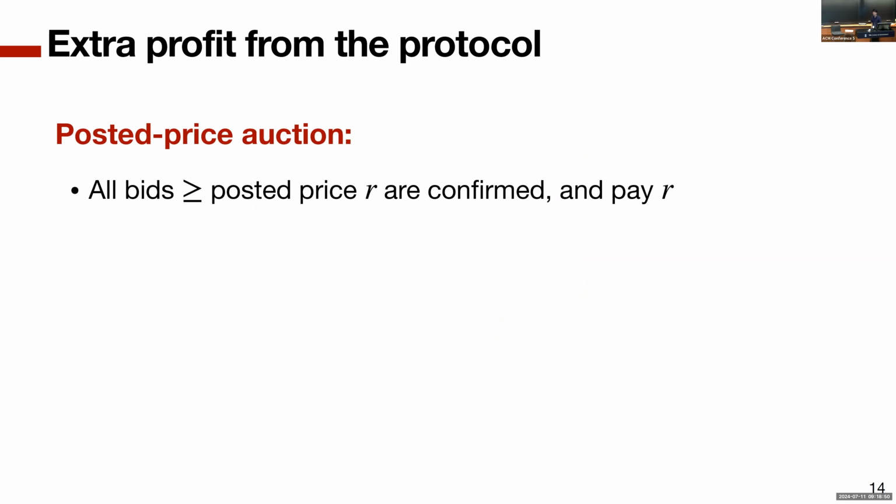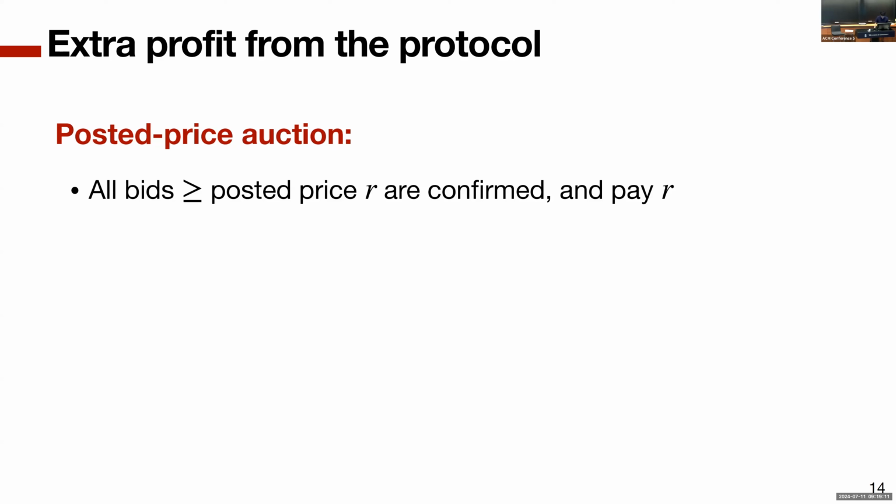And the second type is that you actually steal from the protocol. What do I mean? Let me give you an example. If we run a posted price auction, there is a predetermined posted price R. Everything higher than R is confirmed and just pays R, and the miner gets everything.